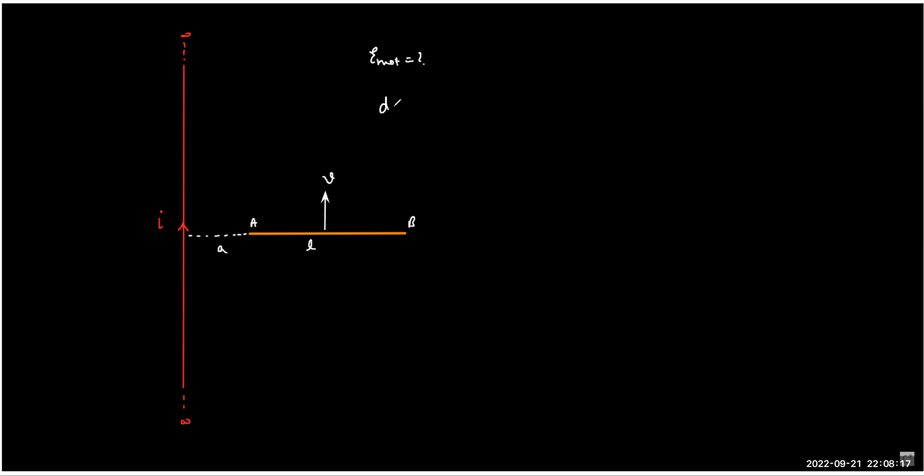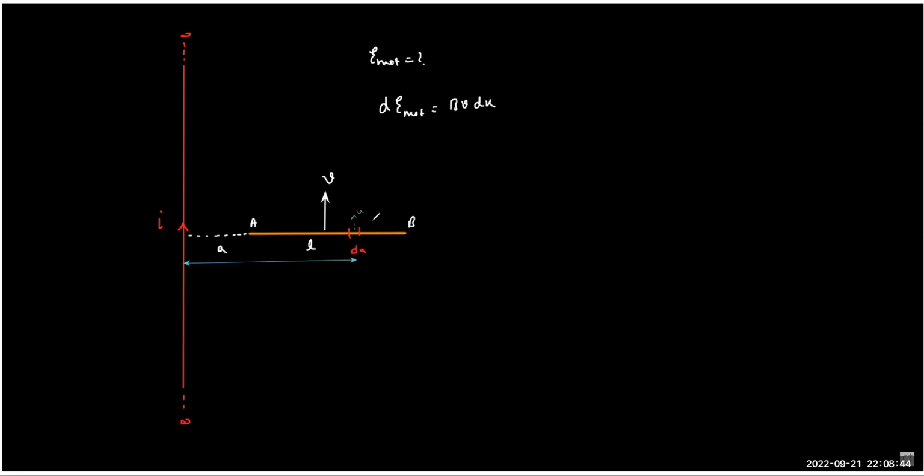So we have to write the dE formula. The dE motional is B v dx, right? So at distance x away from the wire, we have a small elementary part, and the velocity of this elementary part is still v, right?